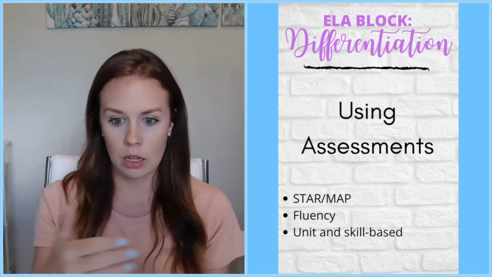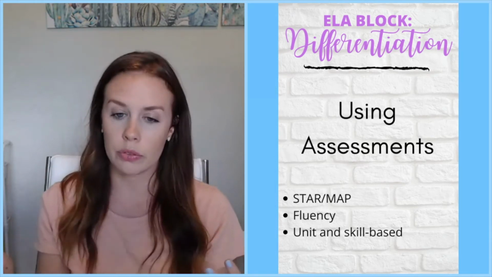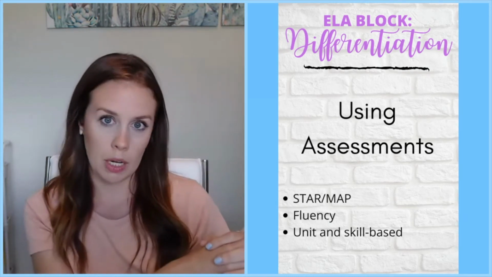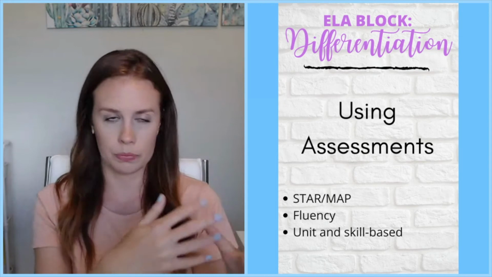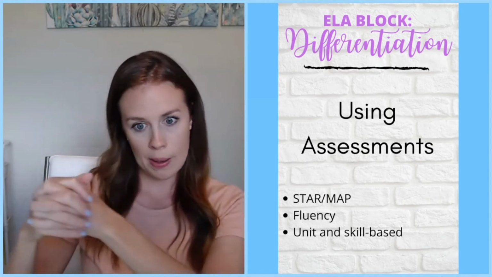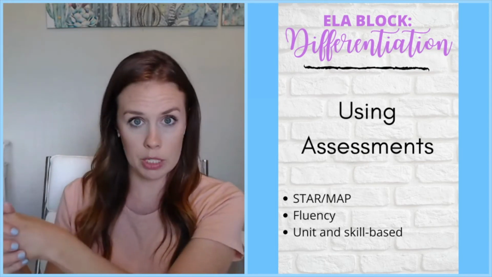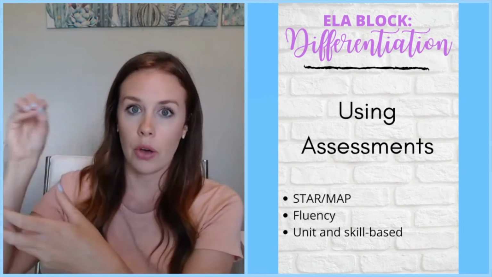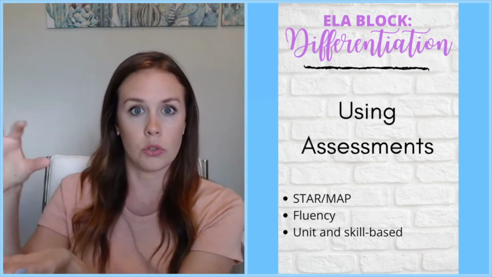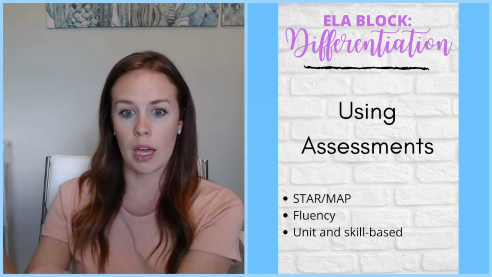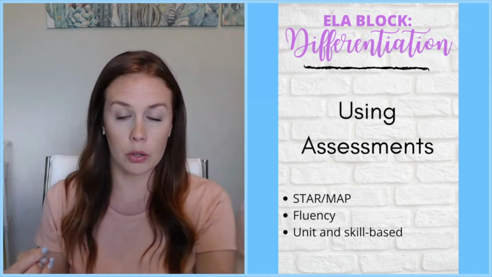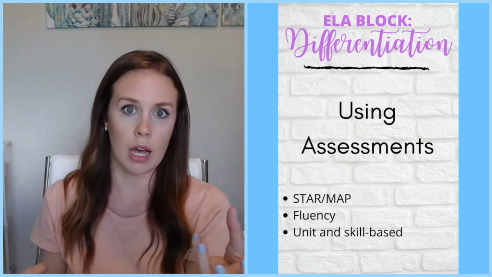So if you're testing weekly fluency or biweekly fluency and you have kids reading 100 words per minute with 100 percent accuracy, or 30 words per minute with some errors in there, you know that you'll have a group that needs to practice fluency skills and word attack skills, and then you'll have a group that needs enrichment.